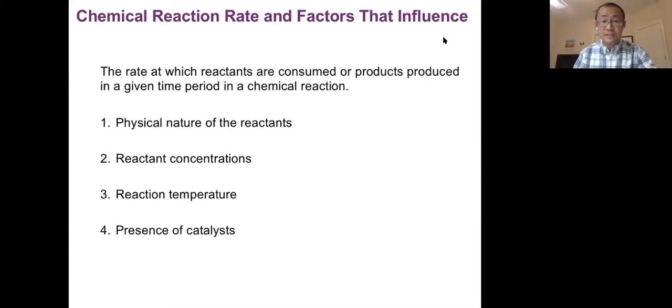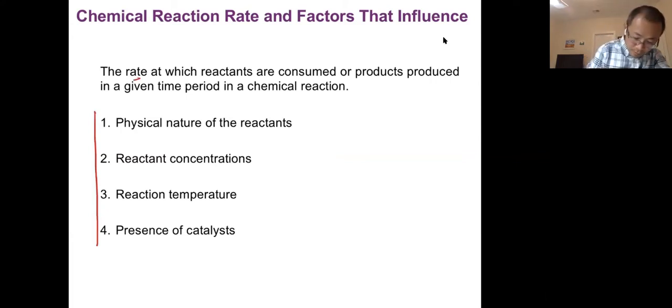Now, after you understand these three, let's take a look at these four factors that affect reaction rate. Again, you have to understand these three statements before we can explain the four factors. First, let's talk about this word rate.